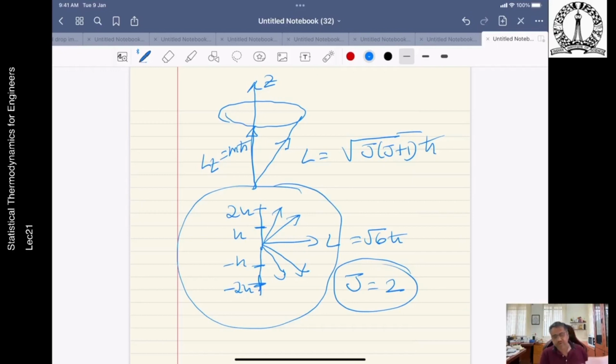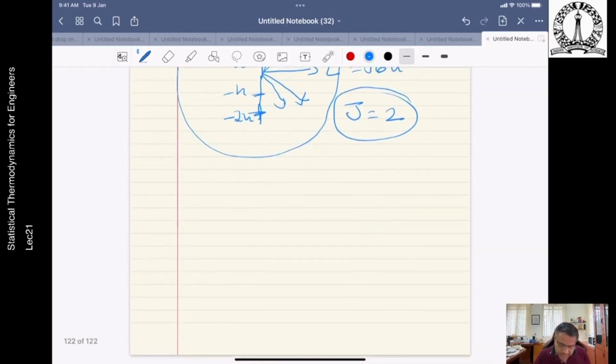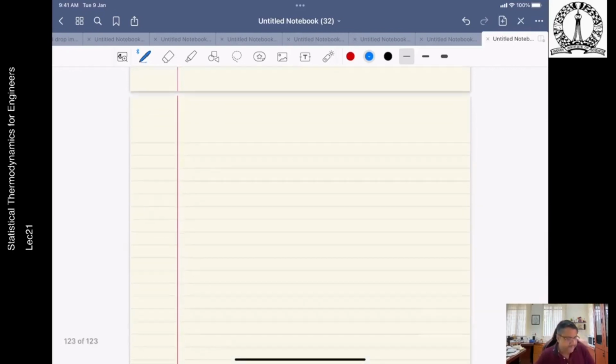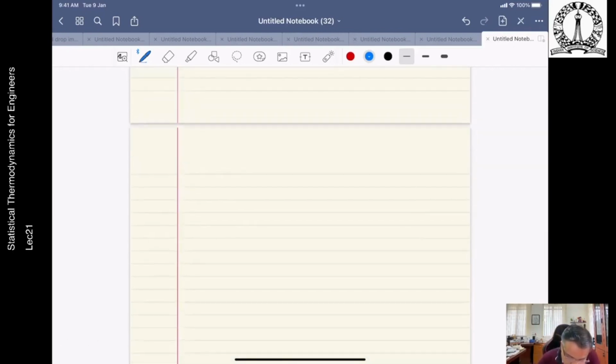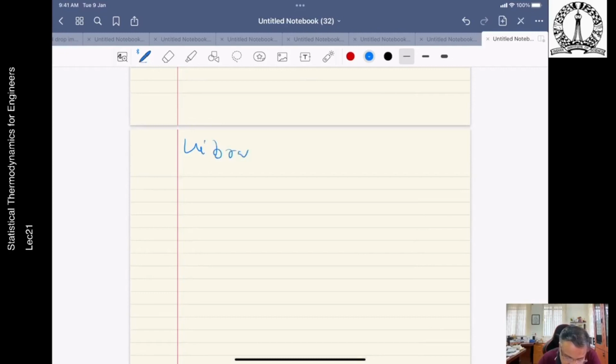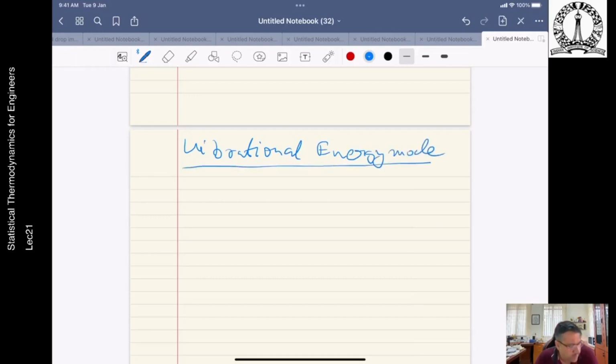Now you are going to take a look at the vibrational energy mode. All right, the vibrational energy mode is up next. We still have the R component when we separate it into two.